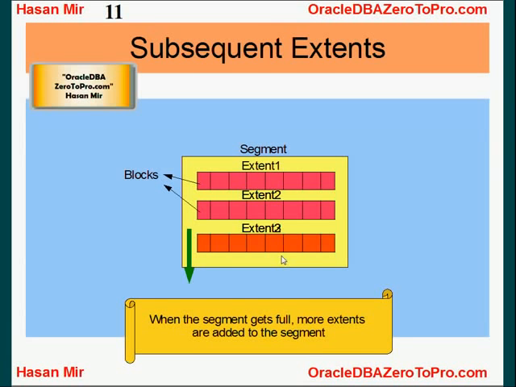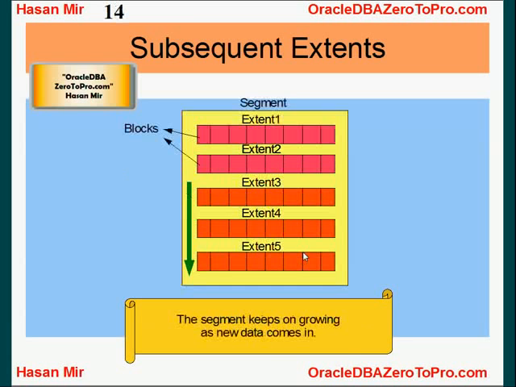Oracle automatically adds more extents to the segment at the end. The number of extents that are added can be controlled as well, like when the first two extents are fully used, how many extents would be added after that, and what would be the size of those new extents. The size of the new extents could optionally be different from the size of the initial extent. So the segment keeps on growing as new data keeps on coming.